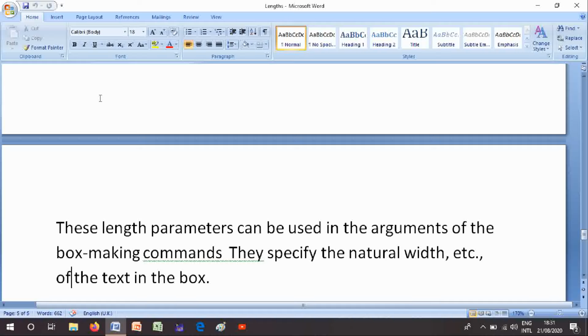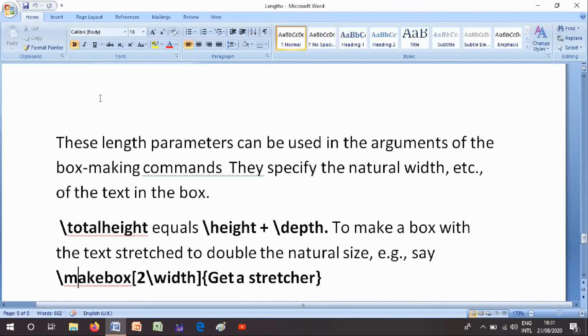They specify the natural width etc. of the text in the box. \totalheight equals height plus depth. To make a box where the text is stretched to double the natural size, e.g. say \makebox[2\width]{text}.